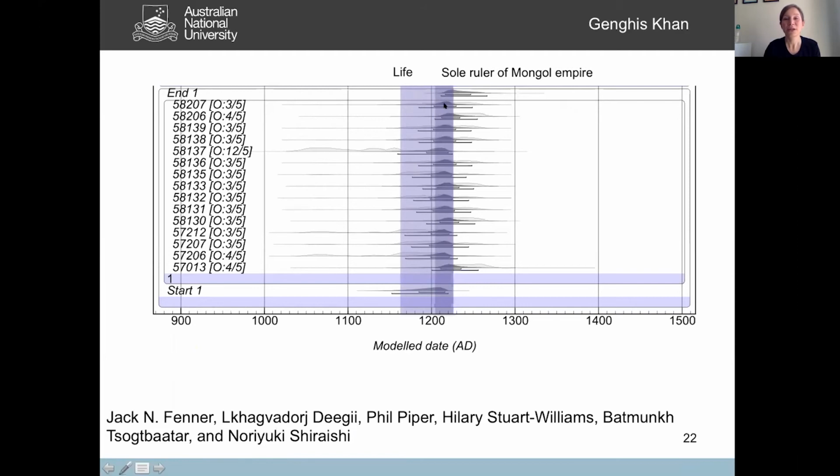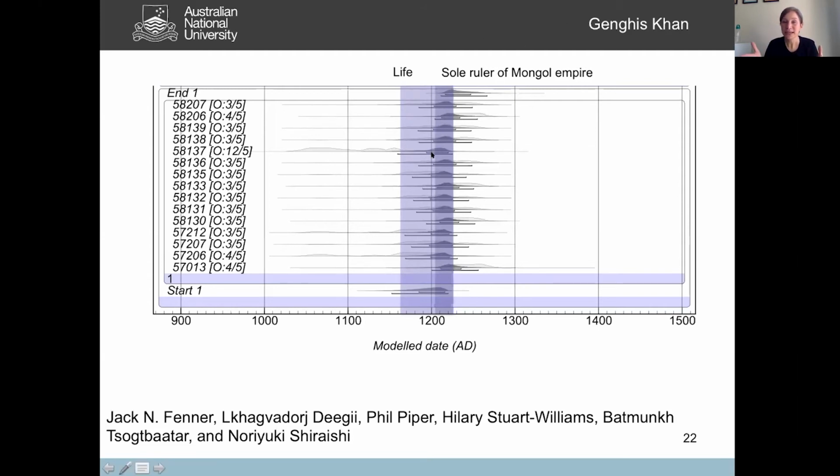And you can see the very pale distributions here. These are your calibrated radiocarbon dates, and they scatter quite widely, all the way from just over 1,000 to well over 1,200, 1,250 here. When we do the radiocarbon modeling, so this Bayesian modeling, and we put all of our radiocarbon dates in one phase, we get these dark probability distributions here.